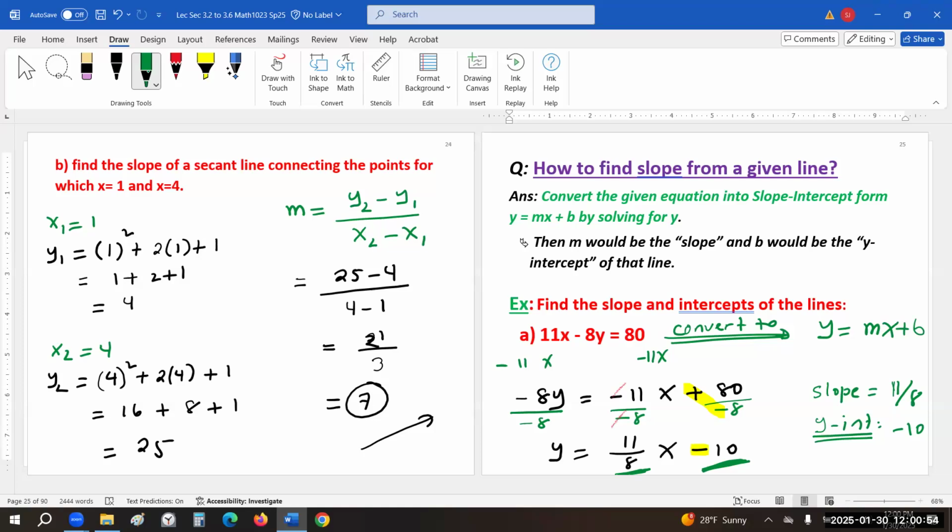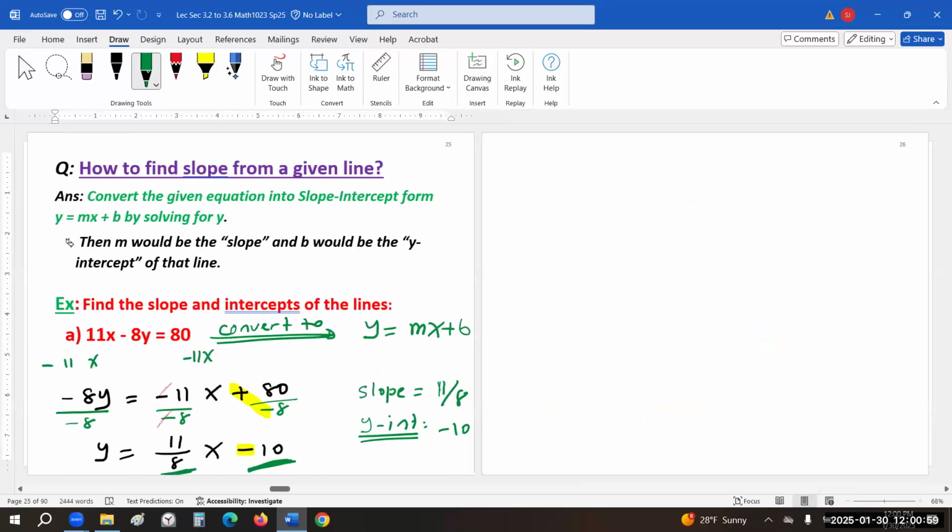We just erase the y term. We substitute y to be 0. So that one, we actually have to do manually. To find the x-intercept, we set the y to be 0 and solve for x. It's the same method we used before.